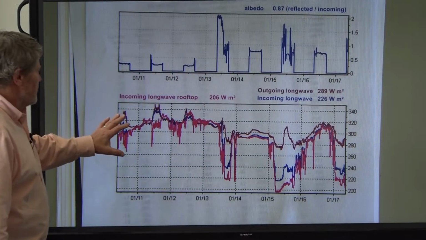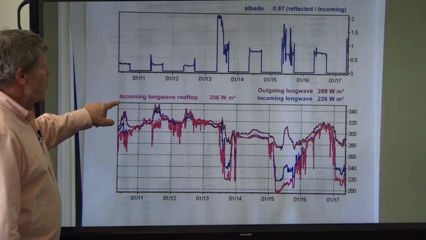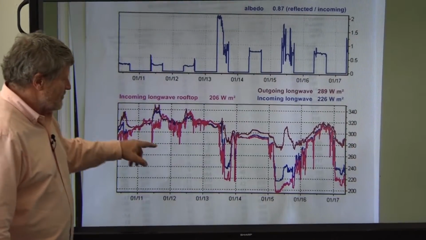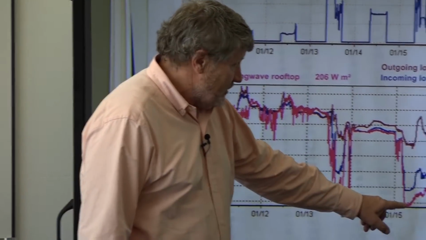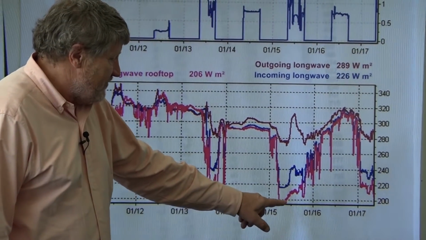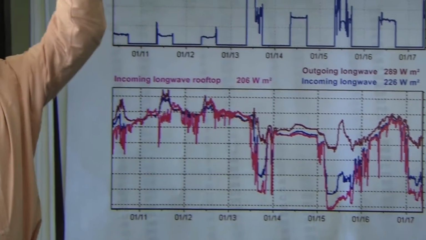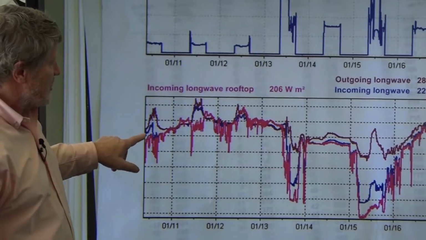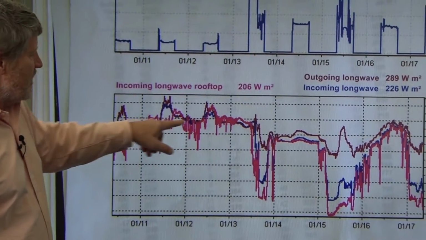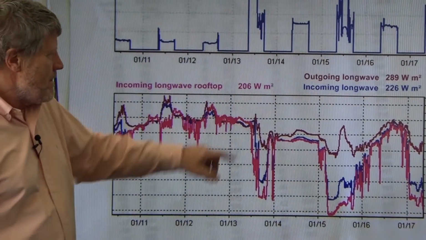Here's some numbers for incoming longwave. So Mark said we can get down to 200 in the winter. Well, there we go. That was a very clear sky. The longwave was 200 watts per meter squared. Here's a cloudy sky, and we're up around 320.